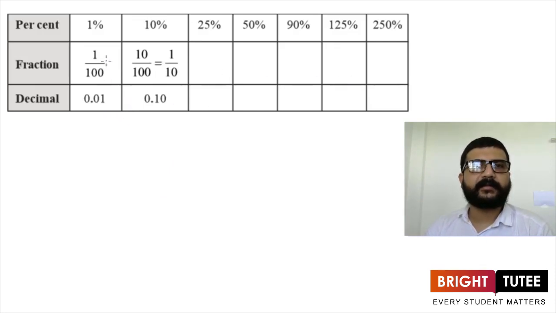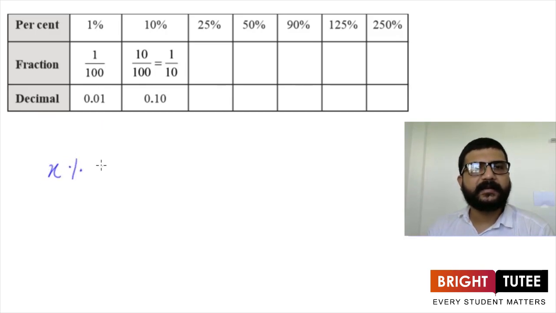Try to observe here. 1% is written as 1 upon 100 as a fraction, and we know 1 upon 100 means 0.01, and 10% is 10 upon 100. So what we are basically doing is removing the percentage sign and putting 100 in the denominator. As we have seen, percentage is nothing but the numerator of a fraction whose denominator is 100.